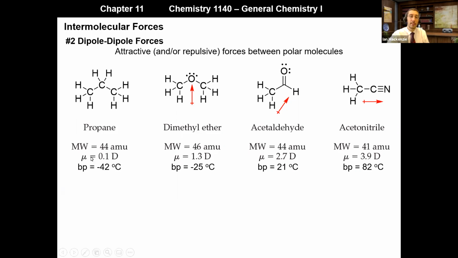As we increase the dipole moment and thus increase the amount of partial negative charge on one end of the molecule and the amount of partial positive on the other end, now you'll see that the dipole-dipole forces increase, which leads to an increase in the boiling point. So dimethyl ether boils at negative 25 degrees Celsius, acetaldehyde with a larger dipole moment boils at 21, and then finally acetonitrile with the highest dipole moment boils all the way at 82 degrees Celsius.